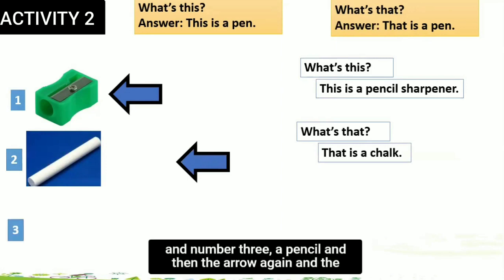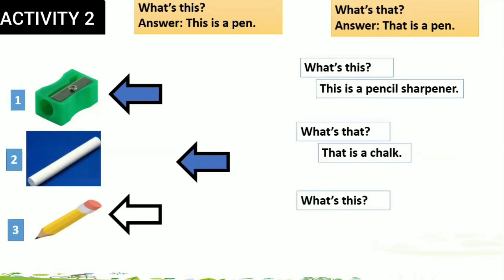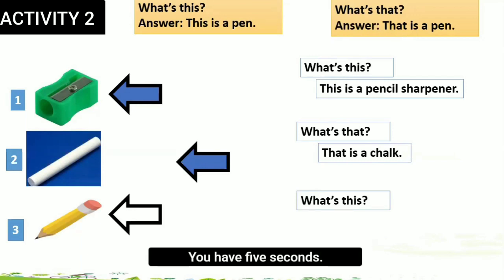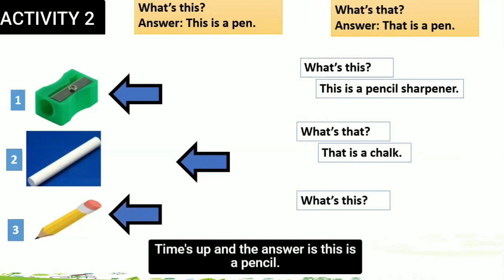And number 3, a pencil, and then the arrow again. And the question is, what's this? You have 5 seconds. Time's up. And the answer is, this is a pencil.